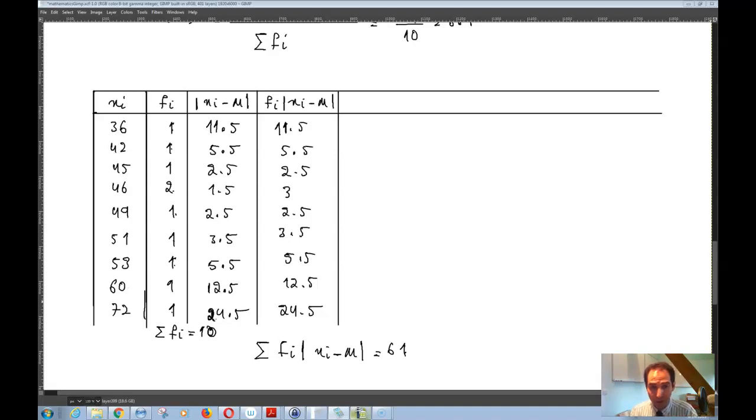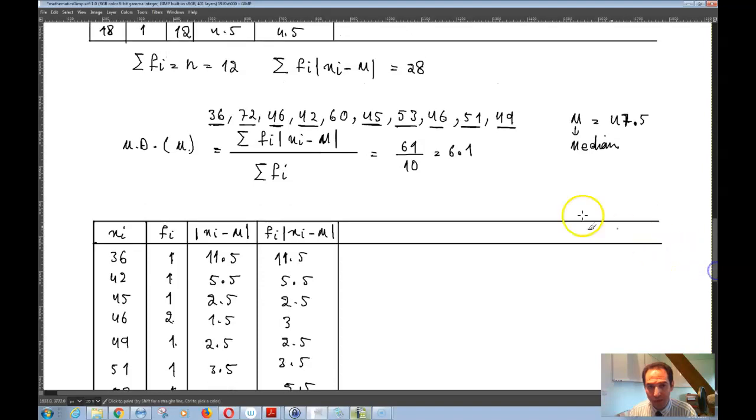It gives you 71. That was basically the 10 that we added in here. 71, and then if you calculate 71 divided by 10, that gives you 7.1, of course.